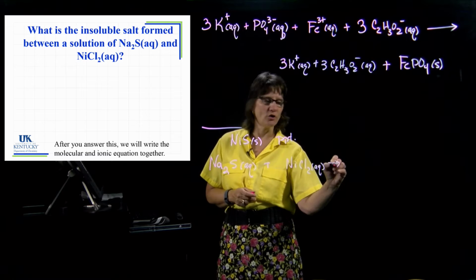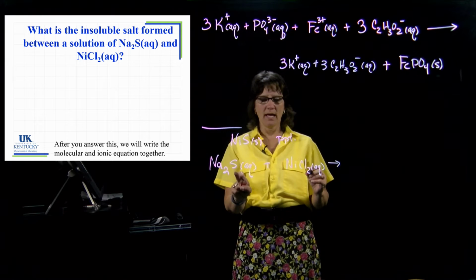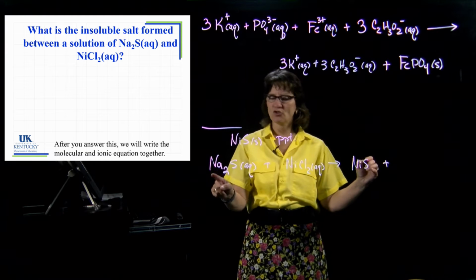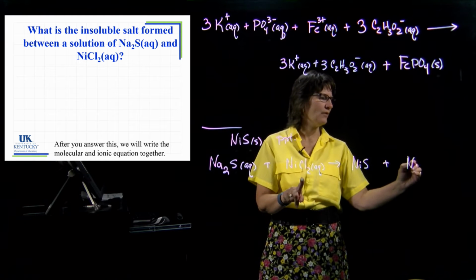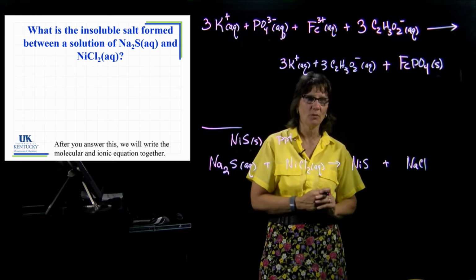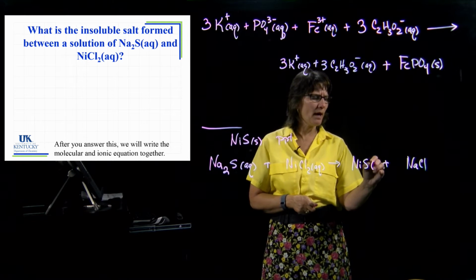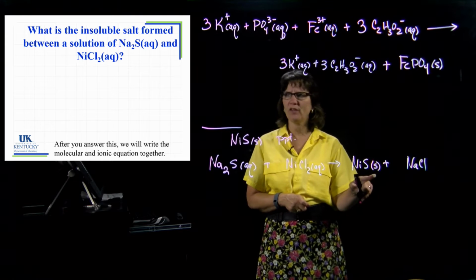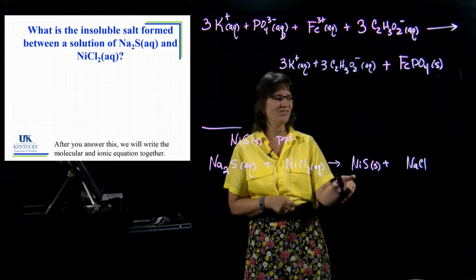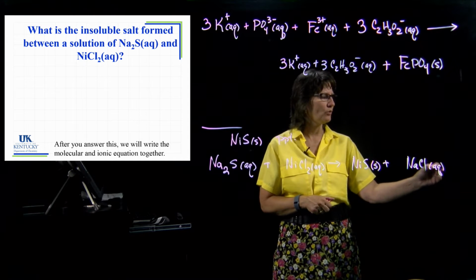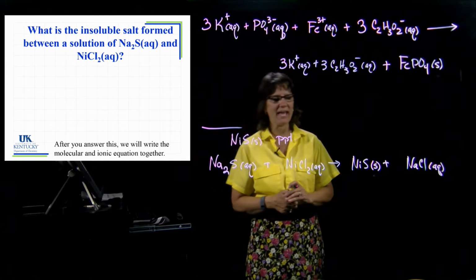We do the partner swap, so the nickel and the sulfur get together, and the sodium and the chloride get together. That's the formula of sodium chloride, okay? We go through in our mind the solubility rules, and we know that NiS, according to the solubility rules, is insoluble, so it gets an S. But NaCl, according to the solubility rules, is soluble, so it gets an AQ.